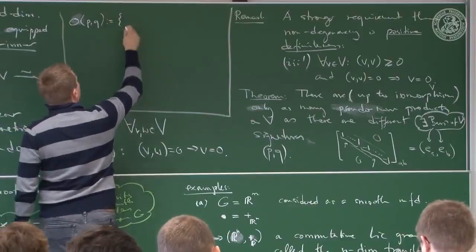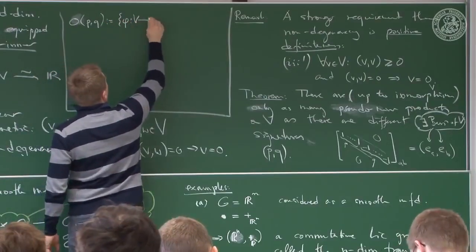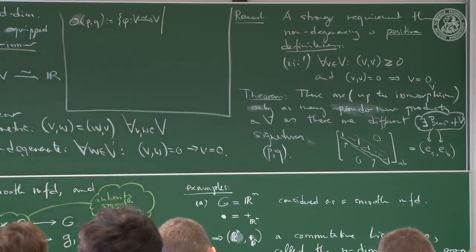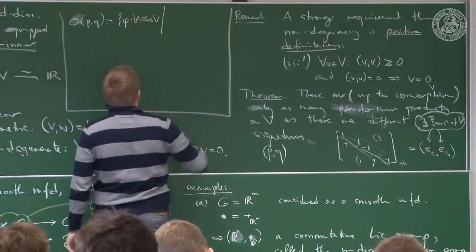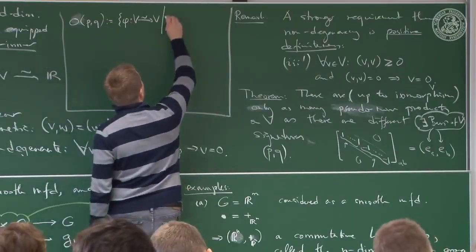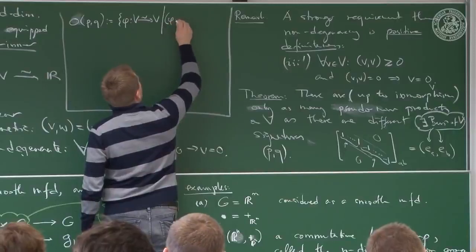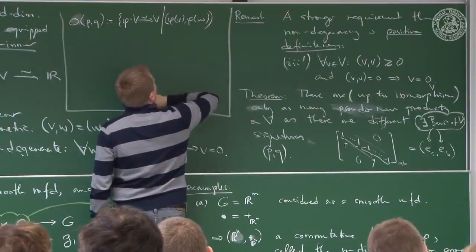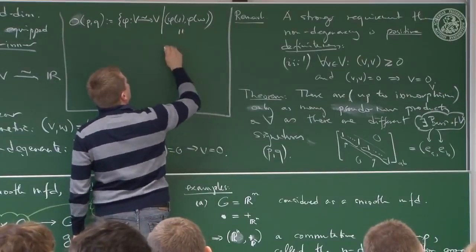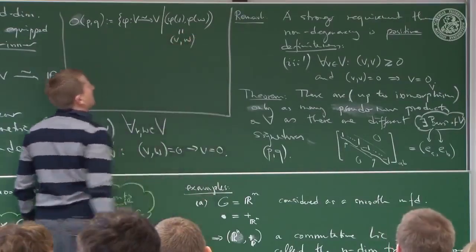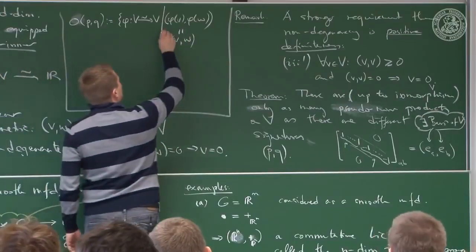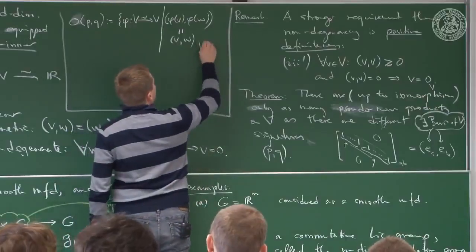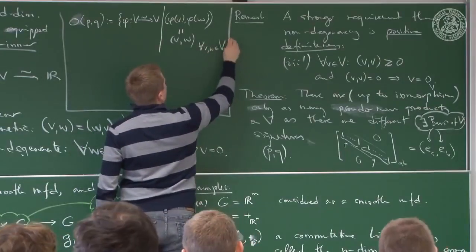That's the set of all linear maps φ from V to V, but there's a particular condition on those, namely this map φ should leave the inner product invariant in the following sense, that you take φ of v and φ of w, and you take the inner product, that this should be equal to the inner product of v and w. So the inner product shouldn't feel that you mapped both entries, and this should be true for all v, w in capital V.